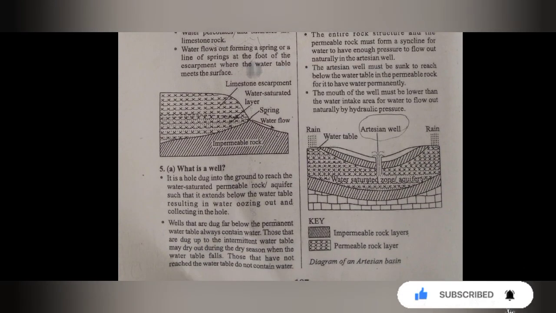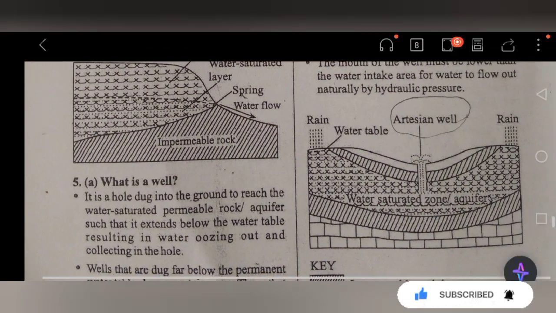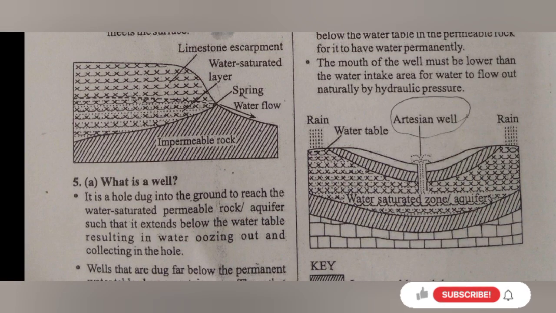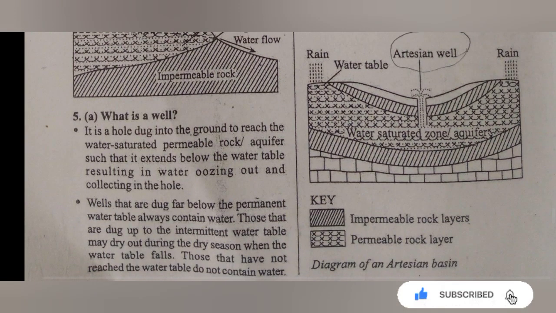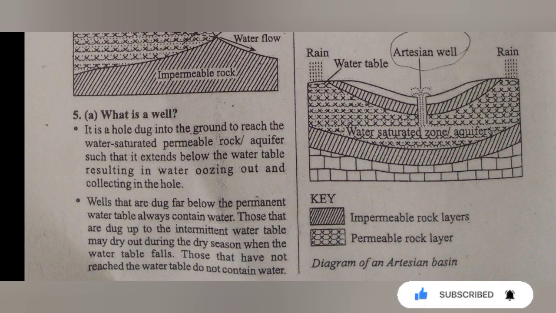And then below there we have a diagram showing how an artesian well looks like, how an artesian basin looks like together with an artesian well. You can see how it is exposed on both ends.